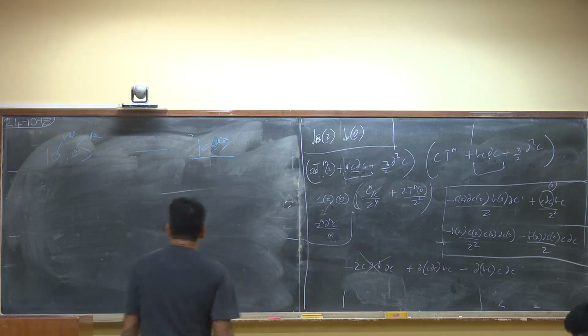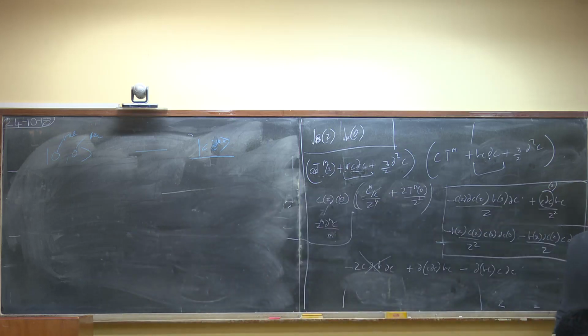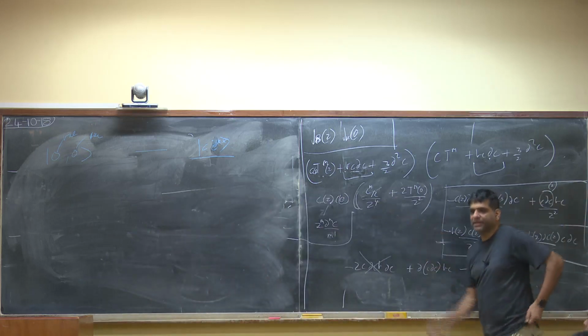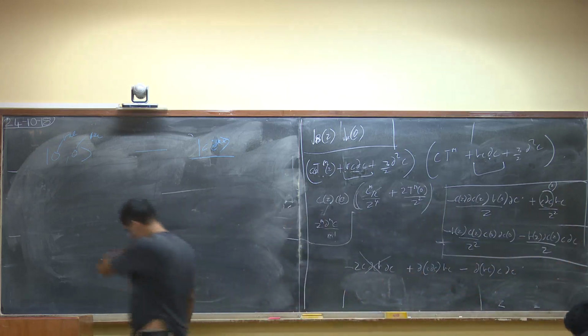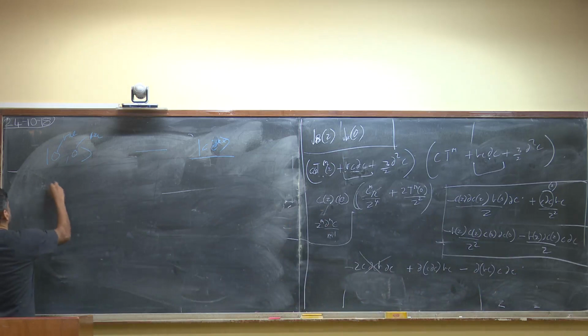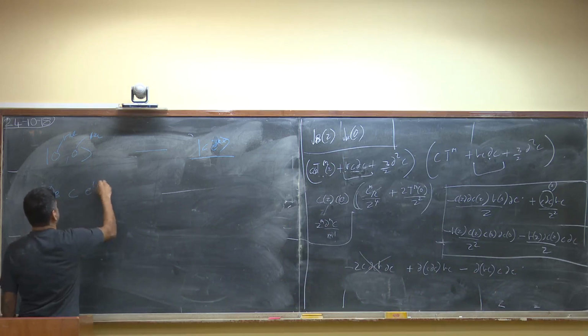The first thing we're going to do is to ask, what do we get when we act with the BRST operator on this state? So, we want to know what is Q_B on C times e to the i k dot x.